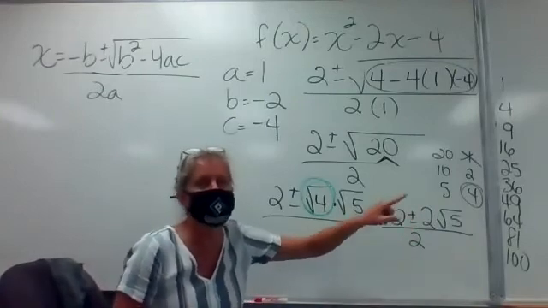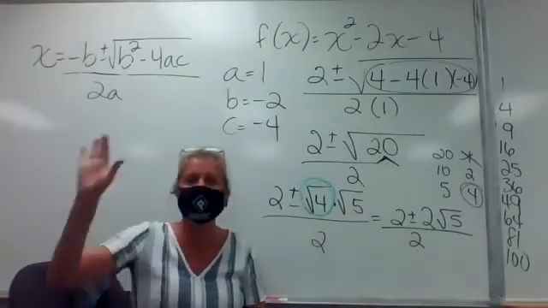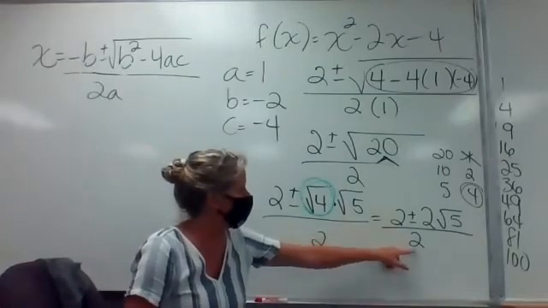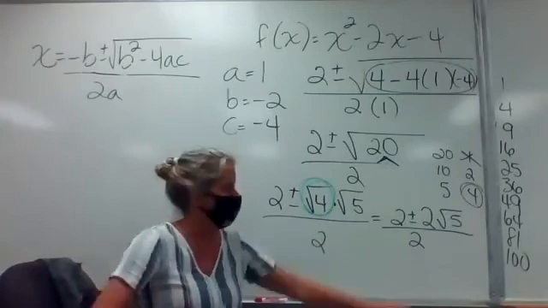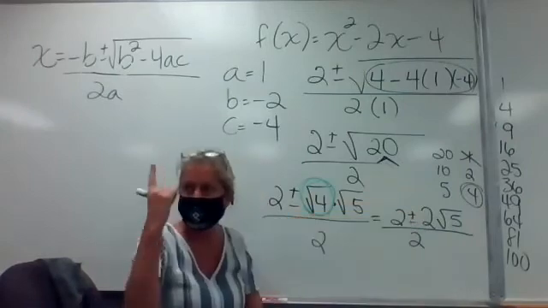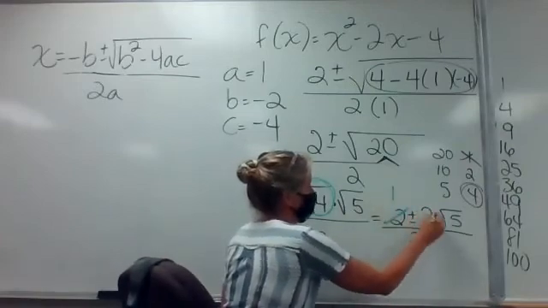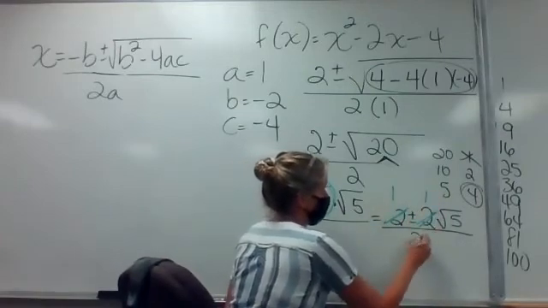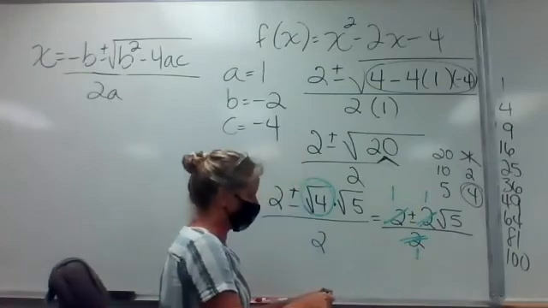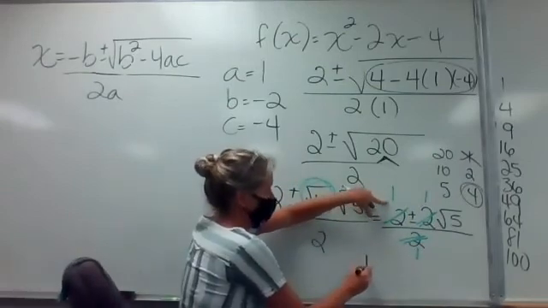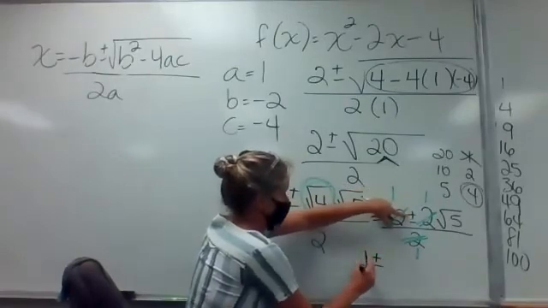You're going to turn them all into what? When you divide them all by 2, what are they all going to turn into? They're all going to turn into 1, right? Because what is 2 over 2 anyway? It's 1. So they just all turn into 1s. So in front of the plus minus, you've got a 1. Then you've got the plus minus.